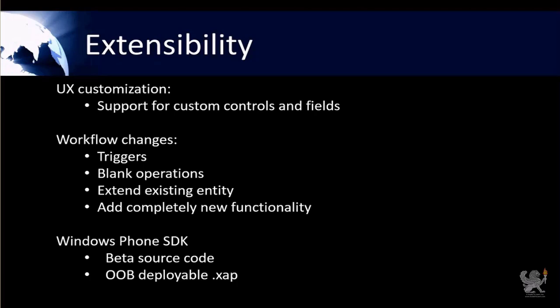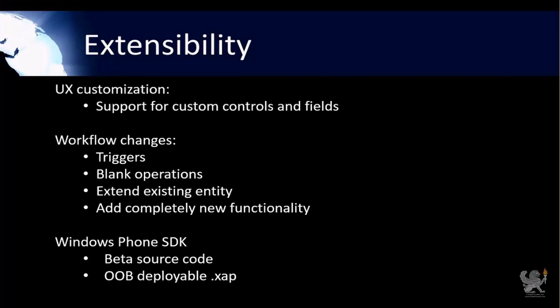And that goes not only for workflows, but to entities as well. So additional properties on an entity, such as a product or a customer, are certainly possible as well. And then obviously, if you're doing these things, this allows you to add completely new functionality. So you can change a workflow, or you can add completely new integrations or workflows.